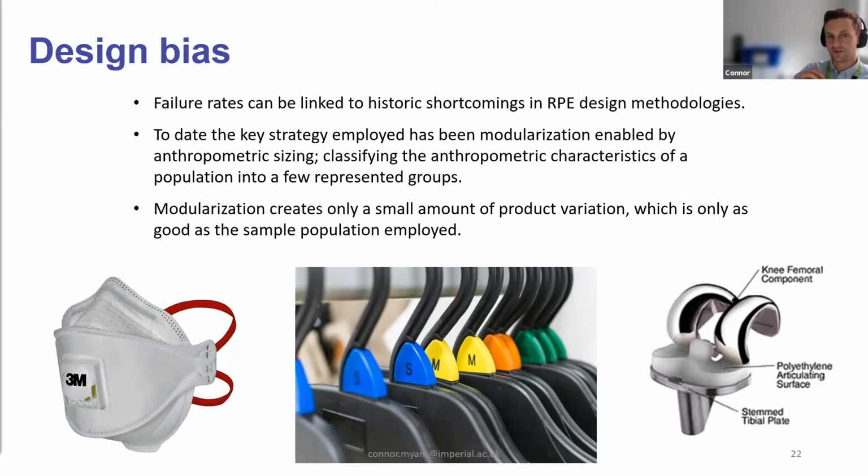And in fact, what your aim is when you apply modularization is you are trying to do the least number of products available to you while serving the largest number of people possible. So if you can get away with one size fits all, that's what you would do, because it's less changes to your manufacturing setup, less changes to your production line, and it means that you can produce things faster, certifying them easier, quality control is easier.